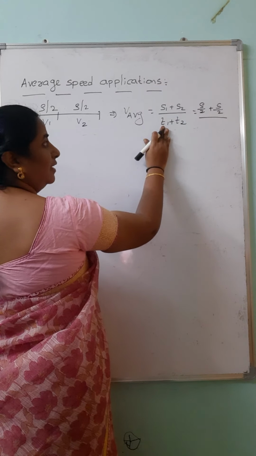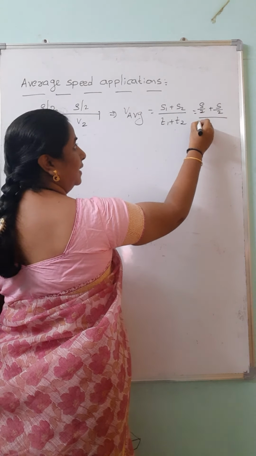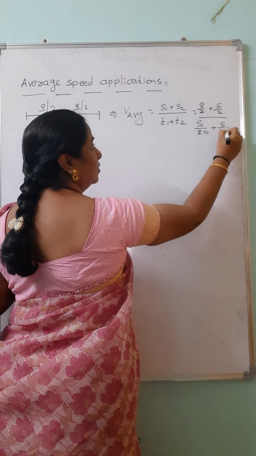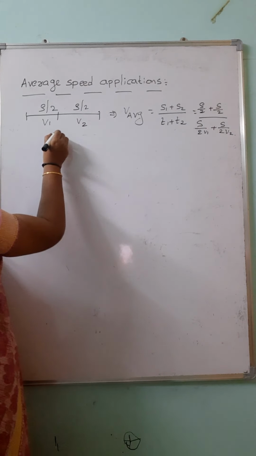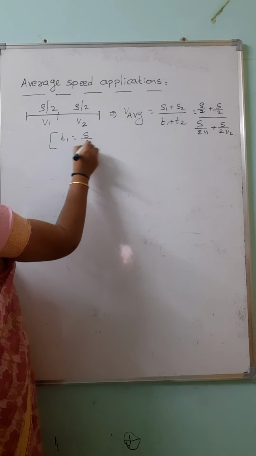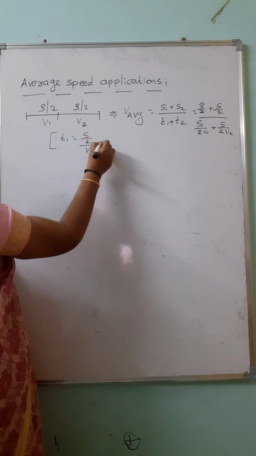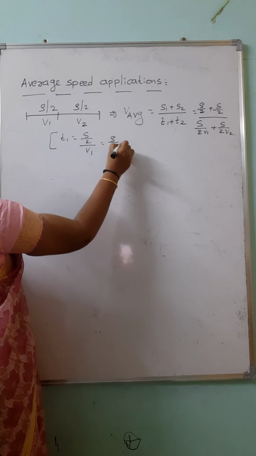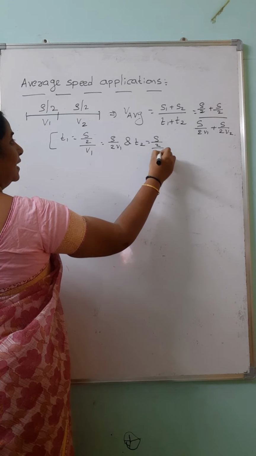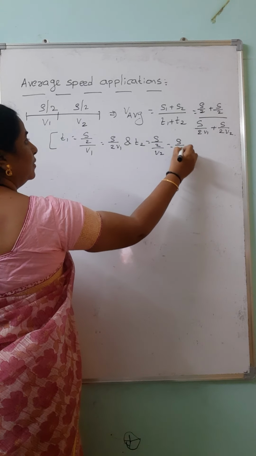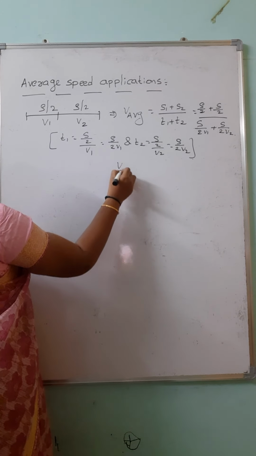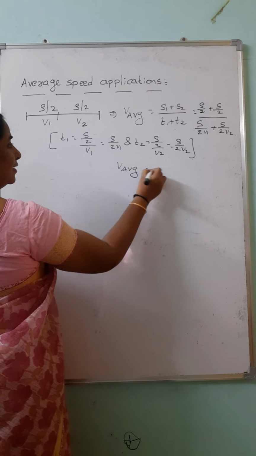But instead of T1, time equals distance by speed. S by 2 V1 plus S by 2 V2. If you have any confusion, remember that T1 equals S by 2 V1, distance by speed, and T2 equals S by 2 V2. Then V average equals, what is common?